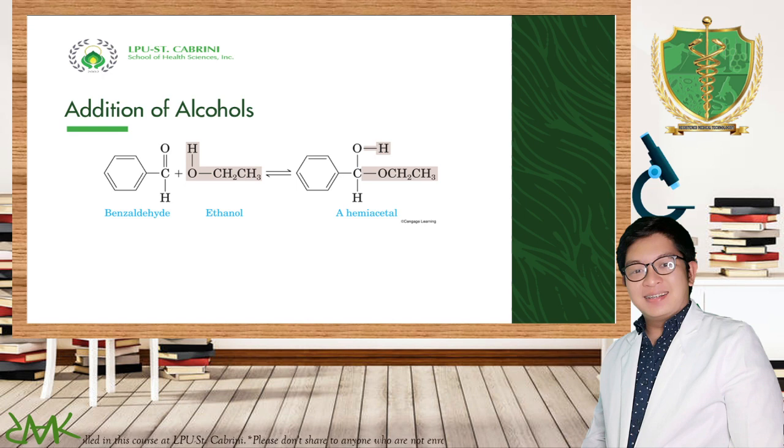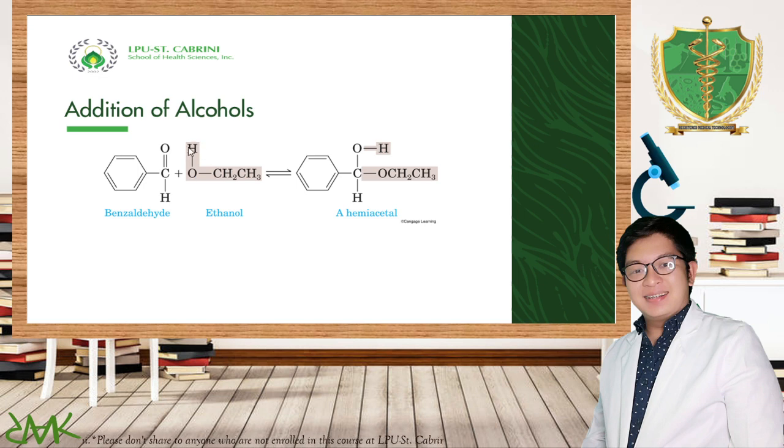Okay? What happens there? Our alcohol loses a hydrogen. In our aldehyde, the carbon double bond with oxygen is lost. Why? Because the carbon will bond to the oxygen from the alcohol.